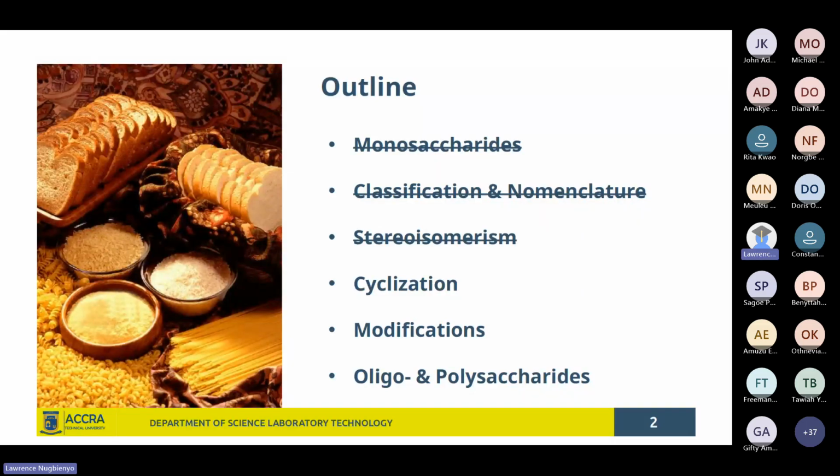So we saw that the monosaccharides generally have names ending with the suffix "-ose", that is O-S-E. And we classify them based on the number of carbons present in their structure, the smallest being the trioses, which had 3 carbons.